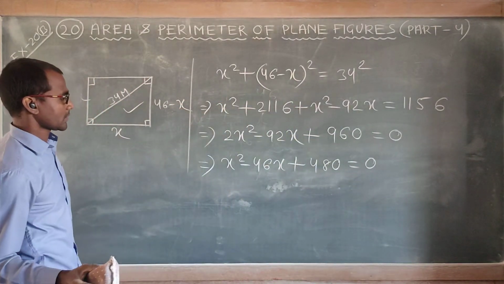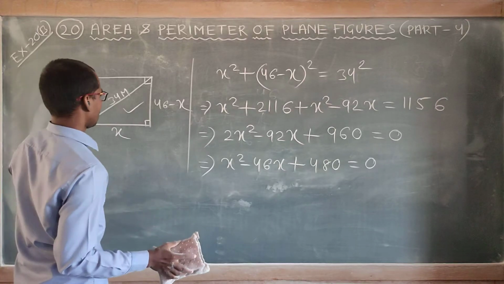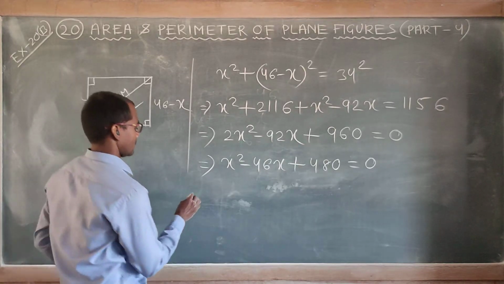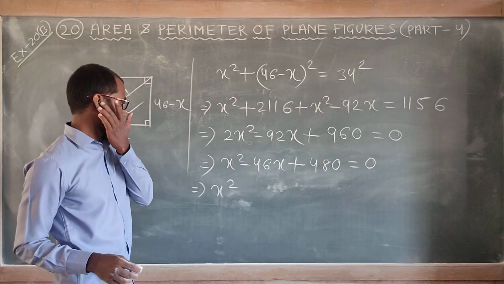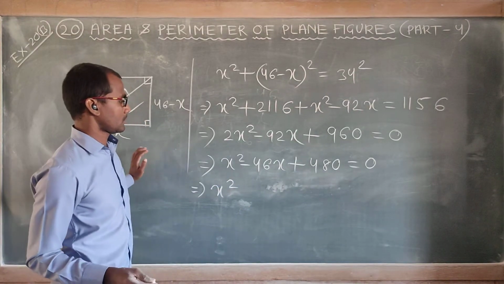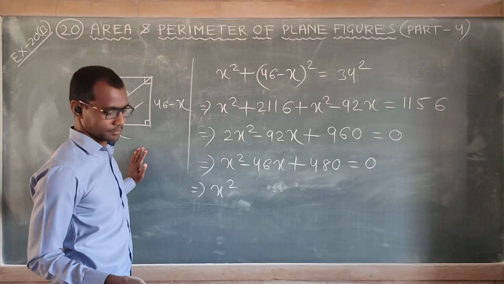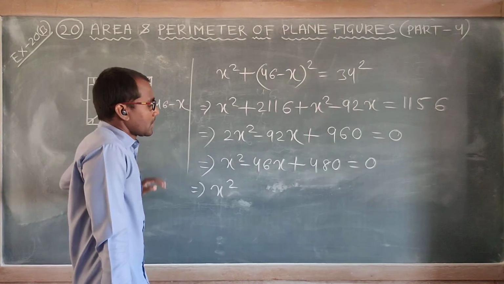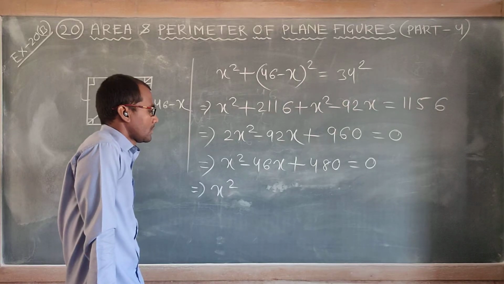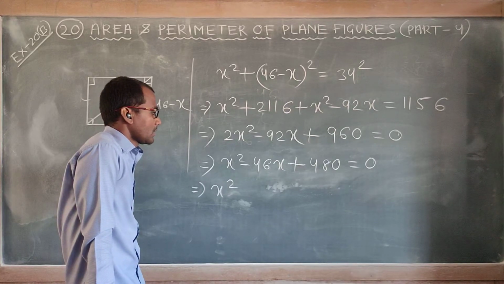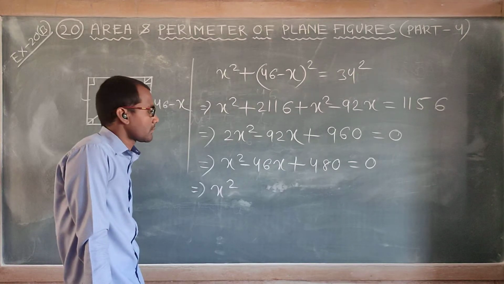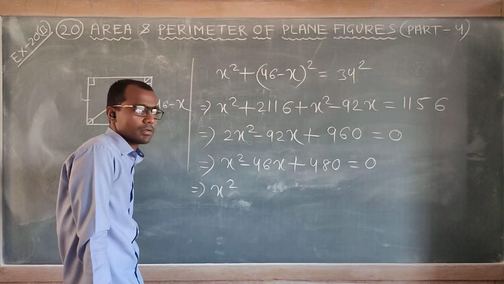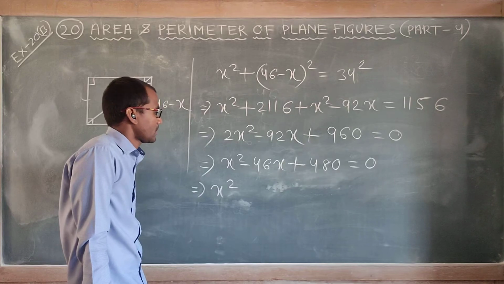Clearly this is a quadratic equation. How to solve this? Product is positive, so we have to take the sum. 480 is 30 into 16, since 16 times 30 is 480. So 16 and 30 we can take.